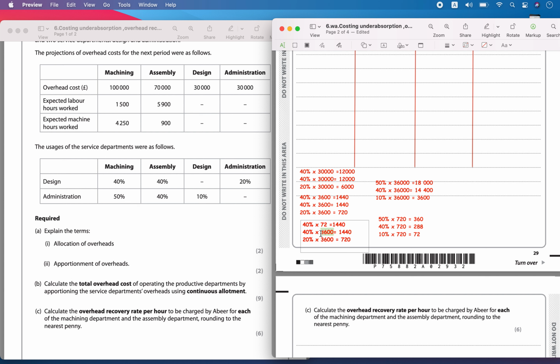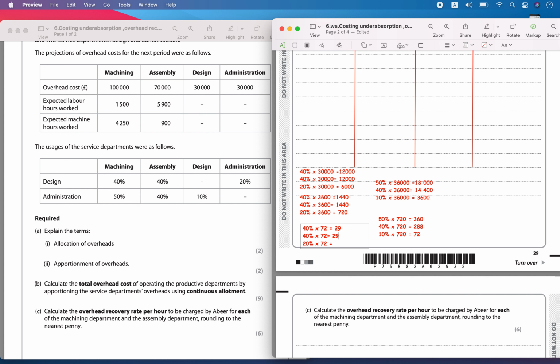So 72 has to be apportioned, that cost has to be removed or distributed. So let's calculate the value. 40 percentage of 72 is going to be equal to 29.